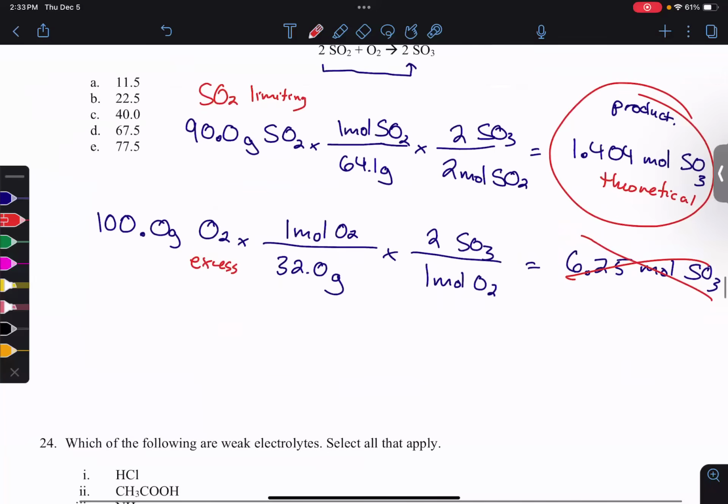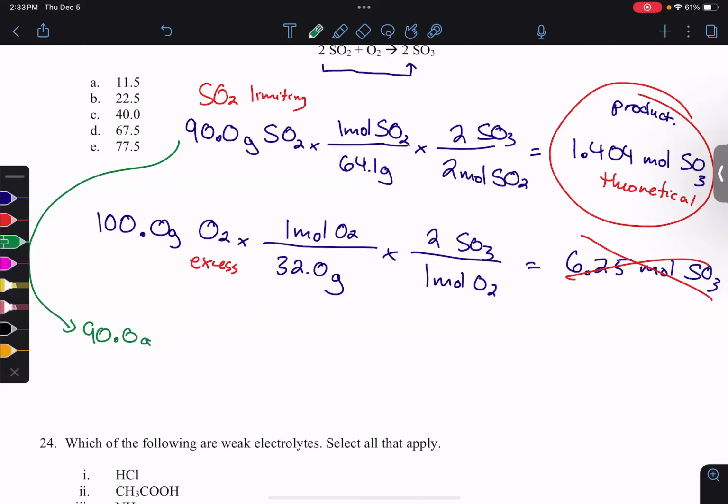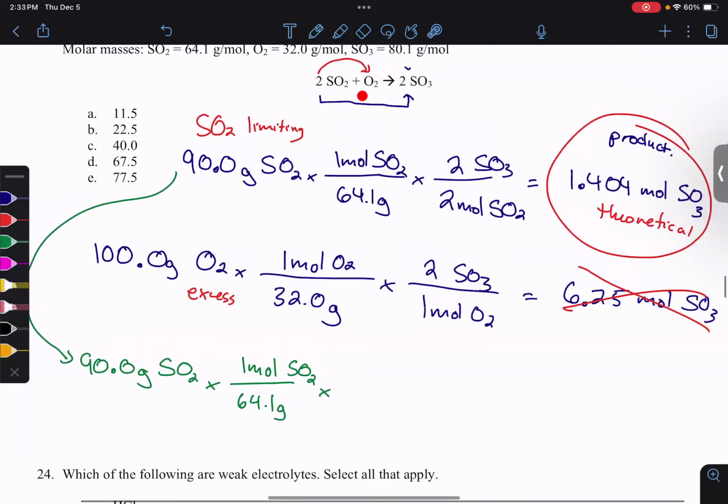So I'm gonna take my limiting reactant and pretend all of that reacts. So divide by its molar mass, 1 mole. But this time, I'm gonna go and ride the bus to O2 instead. I'm not gonna go to the product, I'm gonna go to the other reactant.